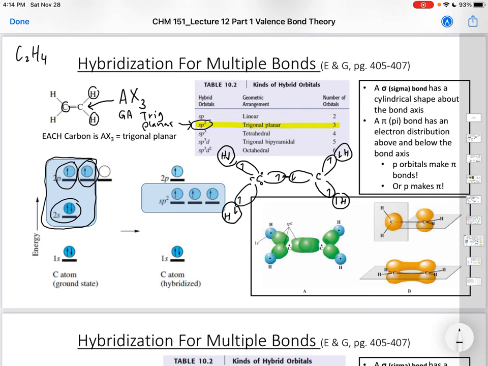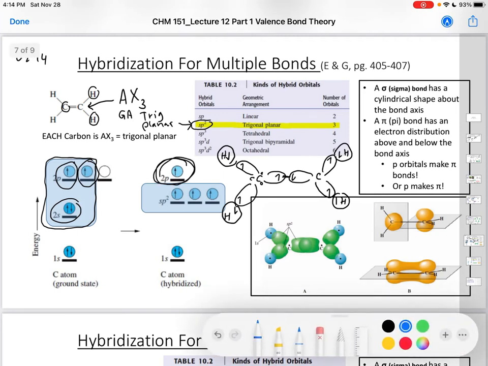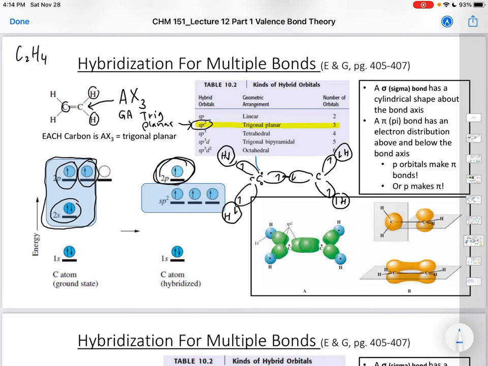I've got my sigma bonds. Those are the single bonds between the carbon-carbon, the carbon-hydrogens, etc. Okay, but there is a double bond here. So really, where are the other 2 electrons sitting out in the 2p? Where do they go? Well, we should draw those in as well. Okay, so I'm going to draw the 2p's, and remember the 2p's are up, down. There are 2 lobes.